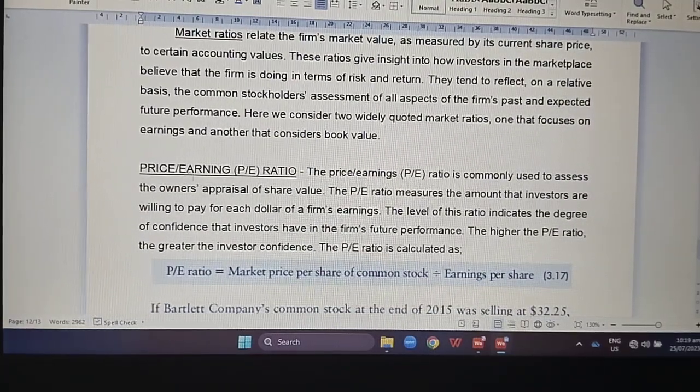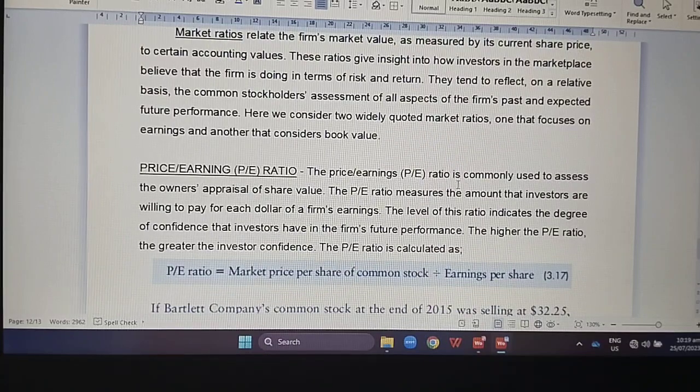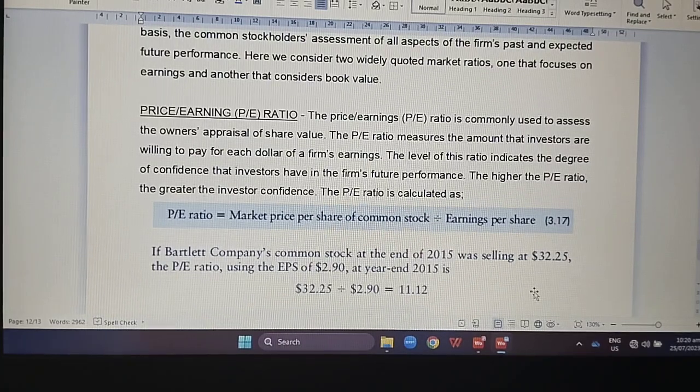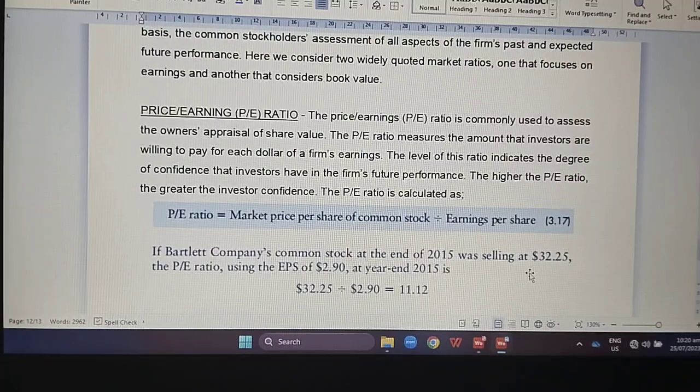So, yung price per earnings ratio is used to assess the owners' appraisal of share value. So, lumalabas dito, guys, katulad dito, ang price per earnings is 11.12. Diba? So, I guess, mataas yun. Okay, mataas yun. Kasi, ang pinag-uusapan natin dito is the market price, tapos yung earnings per share.